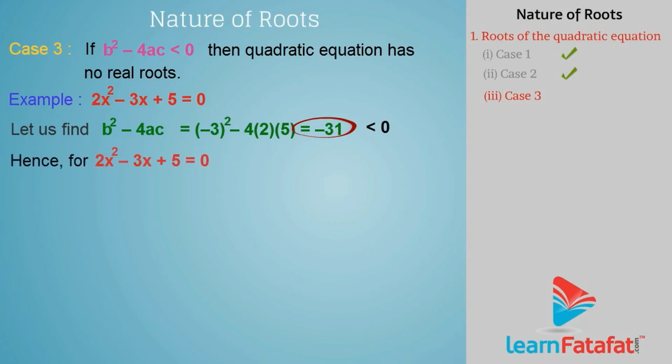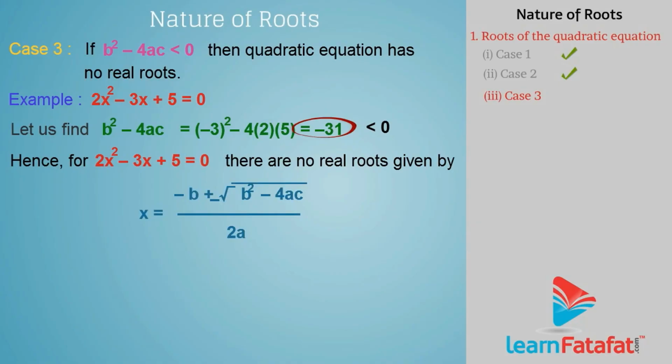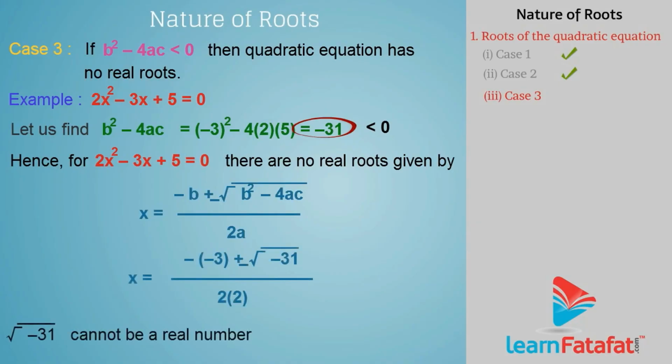Hence, for 2x square minus 3x plus 5 is equal to 0, there are no real roots, given by x is equal to minus b plus minus square root of b square minus 4ac divided by 2a. Putting all the values and solving it, we get square root of minus 31, which cannot be a real number, and hence there are no real roots.